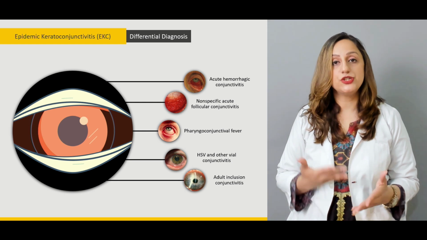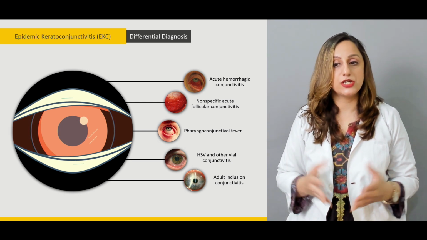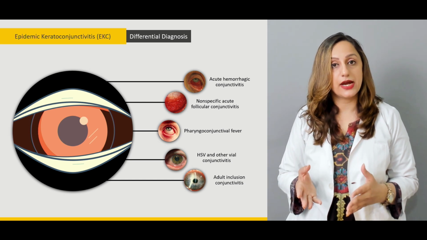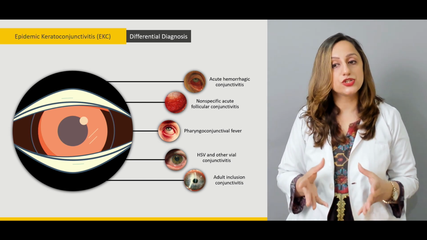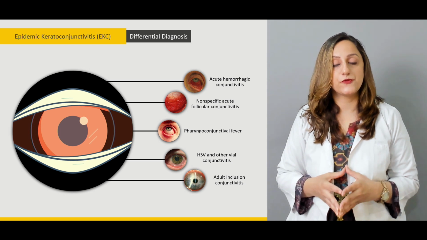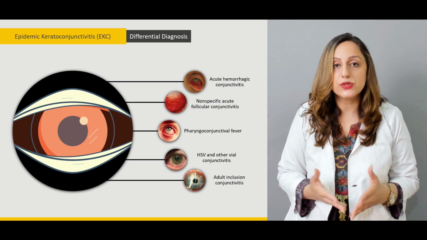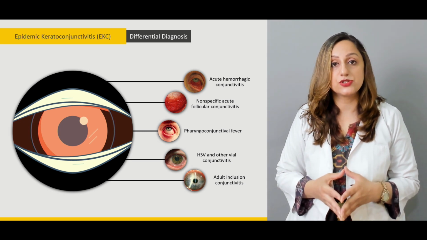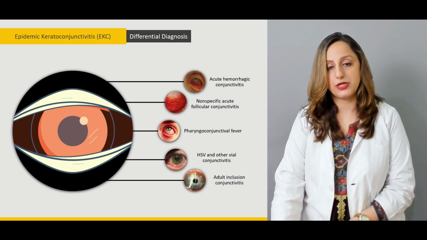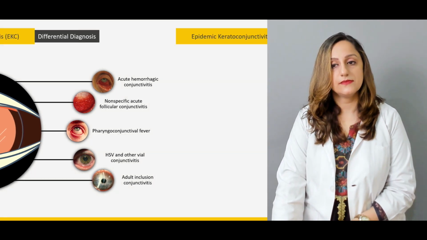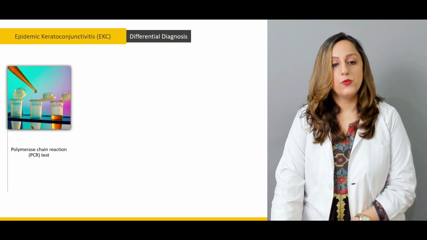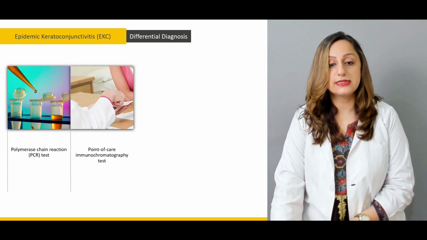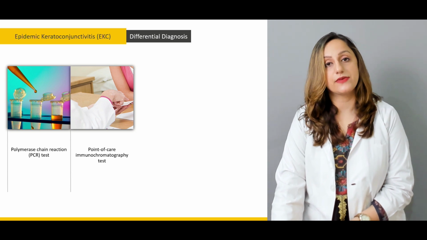Now, the tests that are usually performed for the differentiation are cytologies, immunologies, and then we have the cultures that we can perform for such a patient, and we can isolate the exact organism that is responsible for the keratoconjunctivitis occurring in a patient. We have PCRs that can be performed for such differentiations, and point of care immunochromatography tests.